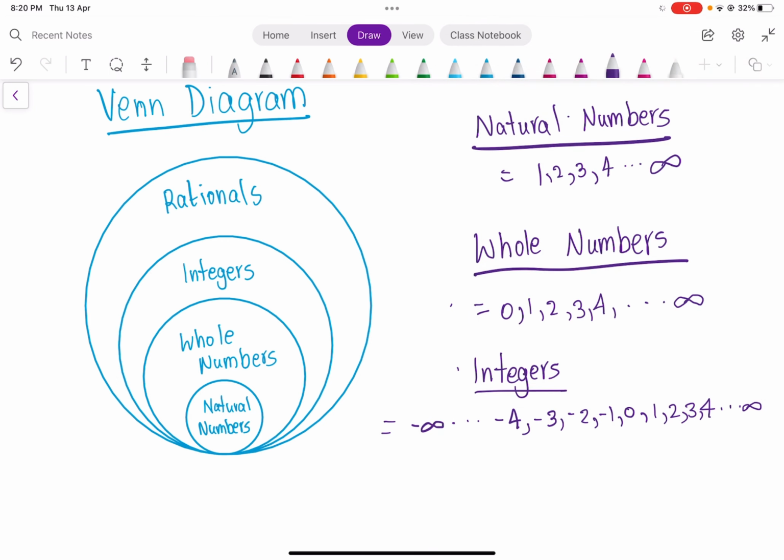And lastly, our rationals, which are numbers which include decimals. So that is all of our types of numbers.